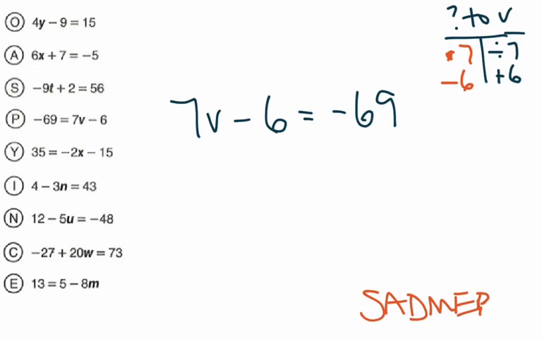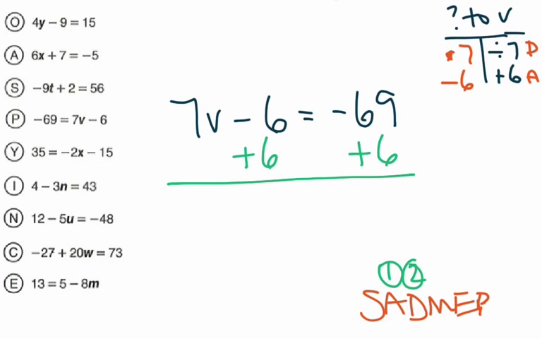The very first thing I need to look at is, of course, I have division and I have addition. So which one of those comes first in my reverse order of operations is addition. So I'm going to add first, and then I'll divide next. So I'm going to add 6 first, and get rid of that, and then I'll be dividing.